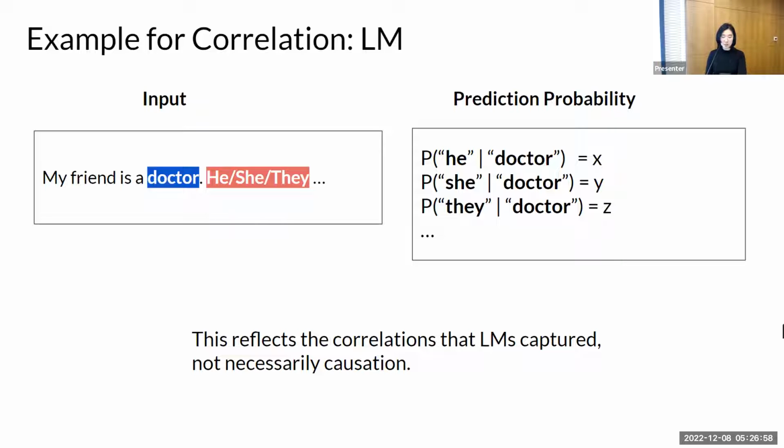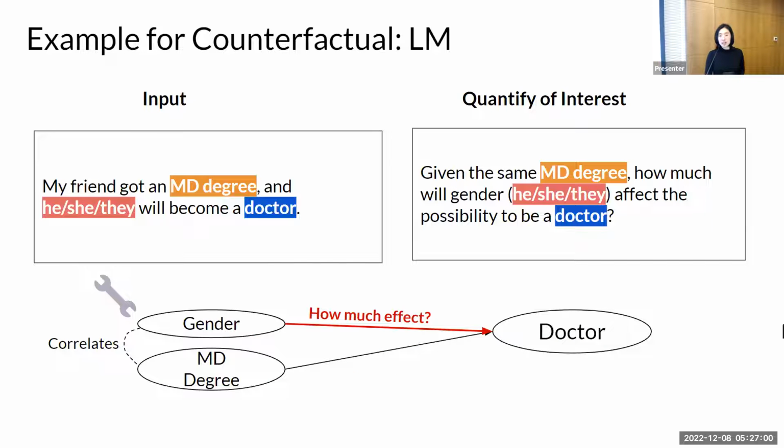The last example I will add in from NLP is counterfactual. What does that actually mean? As we mentioned, the difference between intervention and counterfactual is that counterfactual is on the unit level. So we take an NLP model input, such as my friend got an MD degree, medical doctor degree, and the pronoun will become a doctor.